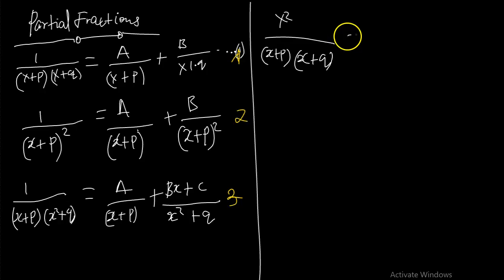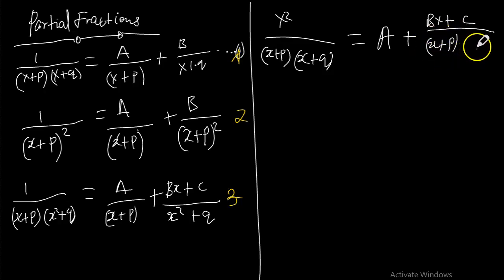So we simply have a alone because this is an improper fraction, then we add bx plus c, all divided by x plus p into x plus q. This is the fourth type of algebraic partial fractions.